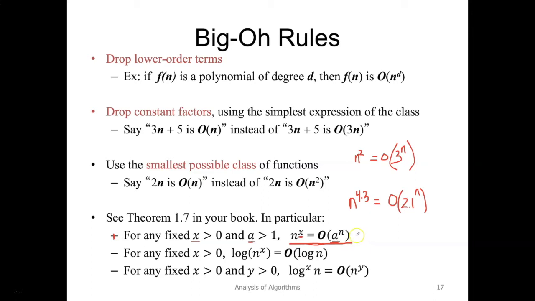So this gives a lot of different examples on how you can compare if you have some function here and some other function here, which one is slower growing. This is definitely not the smallest class of functions for which we would represent n squared, if that's all that we had. If we had an algorithm which ran in n squared primitive operations, we would definitely say this algorithm is big O of n squared.